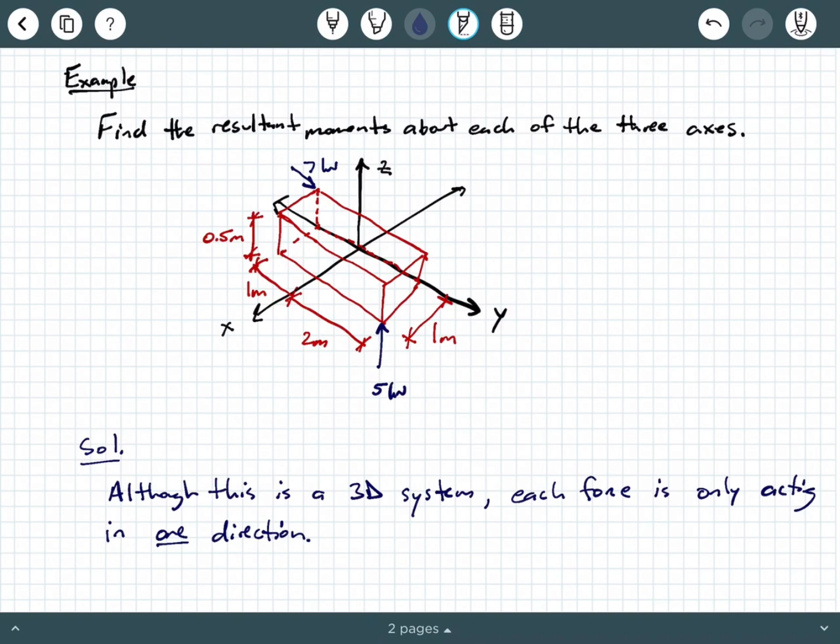And we saw back in some previous videos that if you have a force that's only got 2 dimensions, or coplanar forces, or in the even simpler case like this, forces only in one direction, it can make our calculations a little easier because we're not dealing with all three i, j, and k components at the same time.